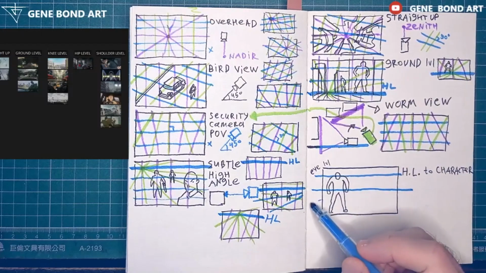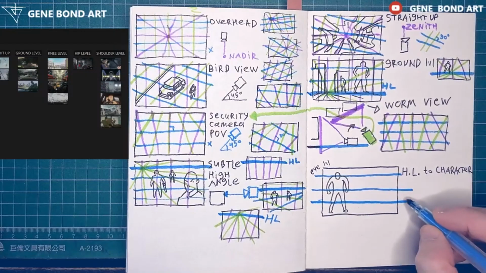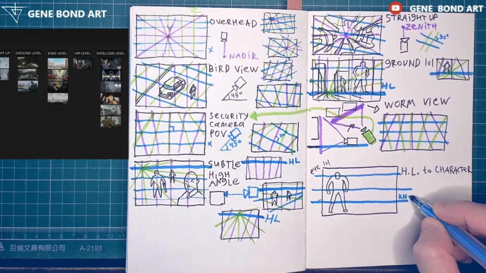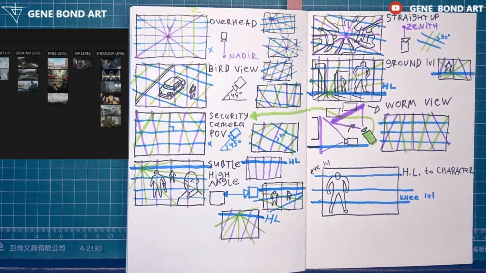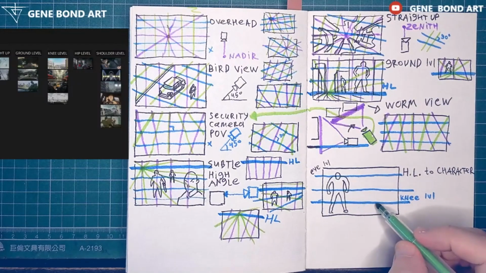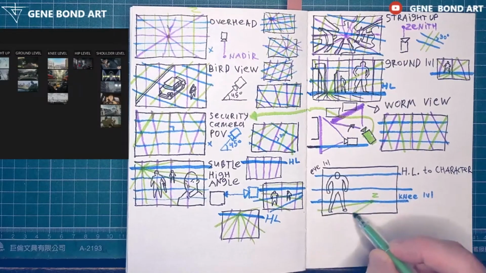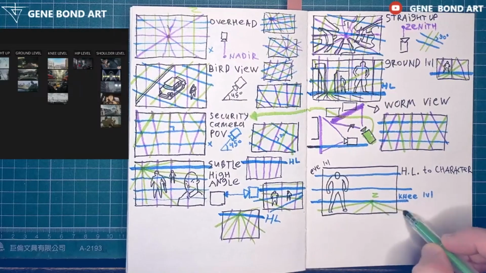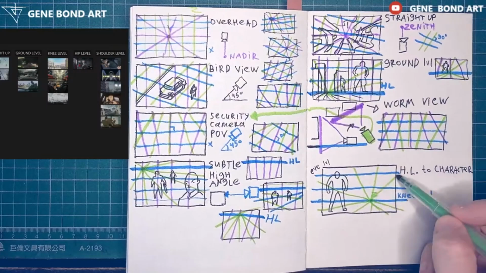You can have knee level. And then let's say knee level, right? So just make a vanishing point, or it can be multiple vanishing points, two vanishing points.